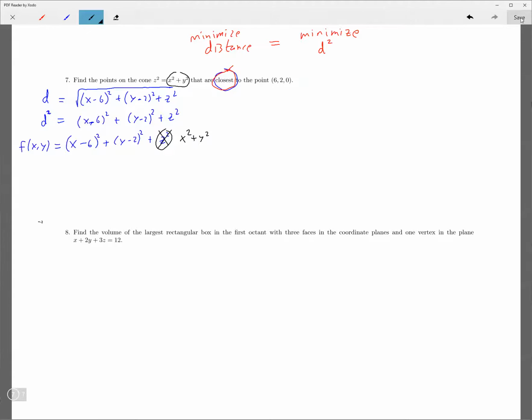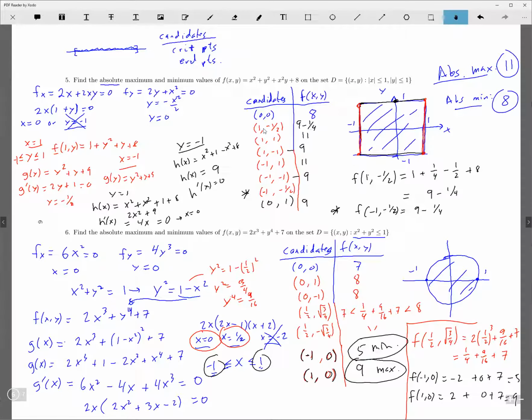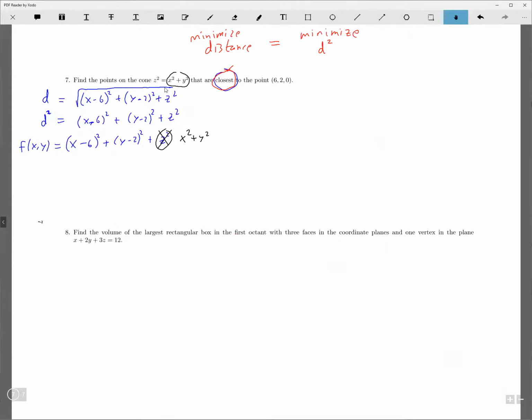And at that point, you really have something that's similar to these kind of problems right here. In fact, you're trying to find the absolute minimum value. But there's no restriction, because you've already put the only restriction in. You've already incorporated it into the problem by replacing the z squared with x squared plus y squared.